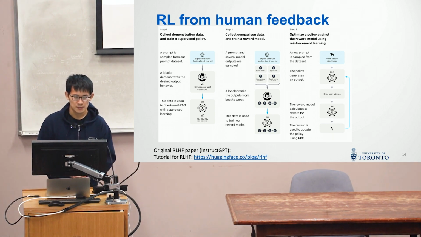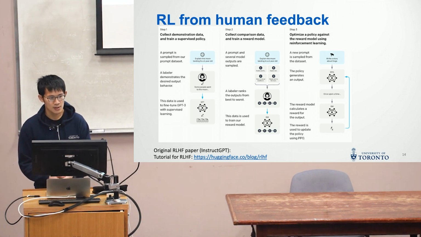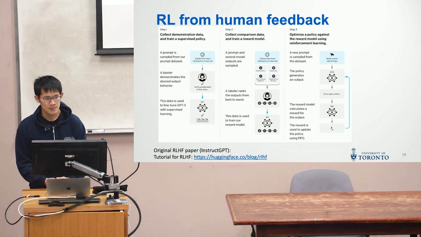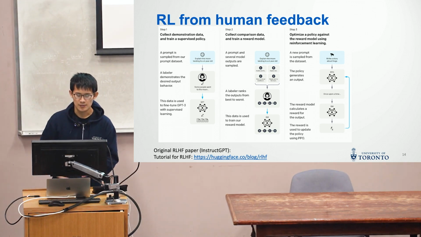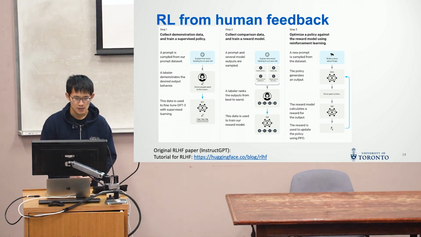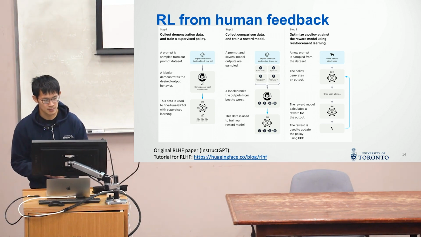This reward model imitates the preferences of humans. After this reward model is trained, OpenAI is able to optimize the language model, or the policy, from the signals computed from the reward model. The algorithm is called PPO, proximal policy optimization.